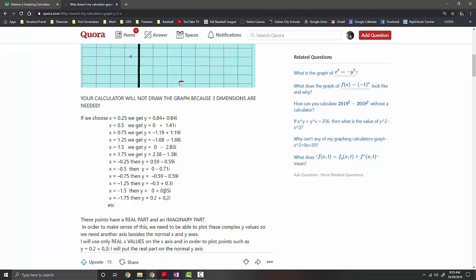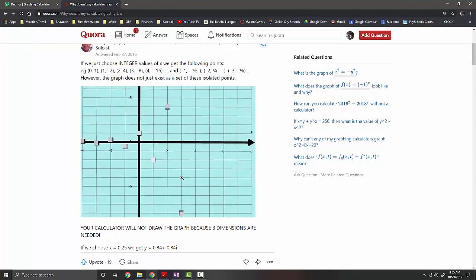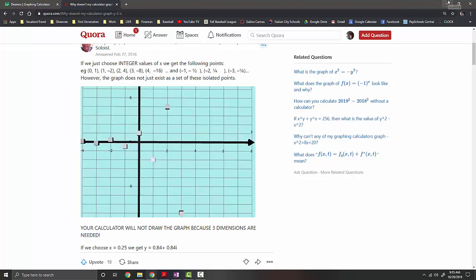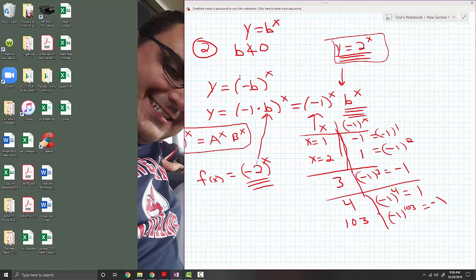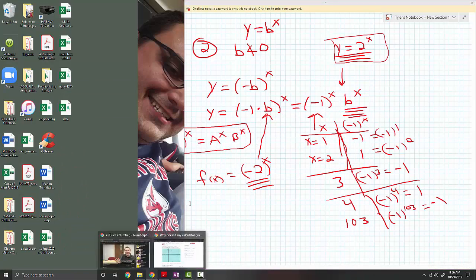So in between the integers, you're going to have all these gaps, and there's not going to be anything graphed, because it ends up being complex, because you have a rational exponent. So that's why it won't graph, and you can see that this isn't exponential then. So we can't let b be negative.